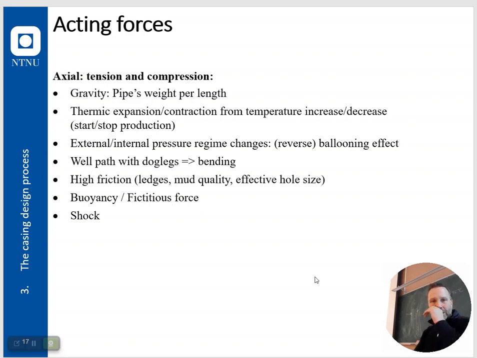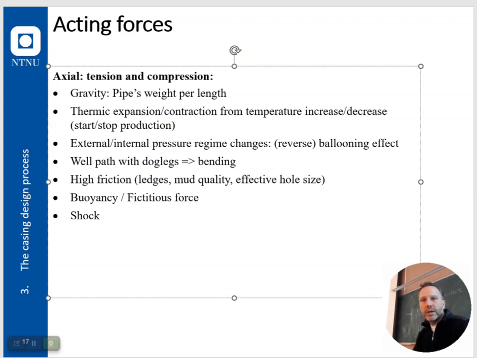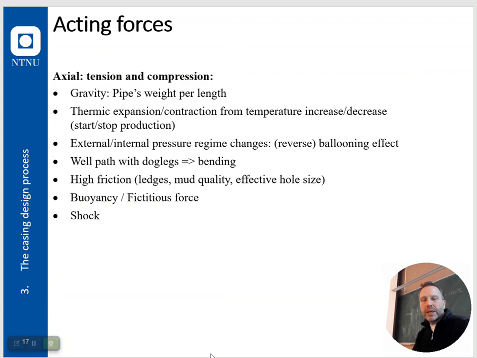Actual tension and compression, gravity of pipe is normally the greatest source of any actual stresses. You also have thermal expansion for the innermost casings and tubing. Then that's the highest contributor. External internal pressure regime and changes, reverse ballooning effect, and so on.